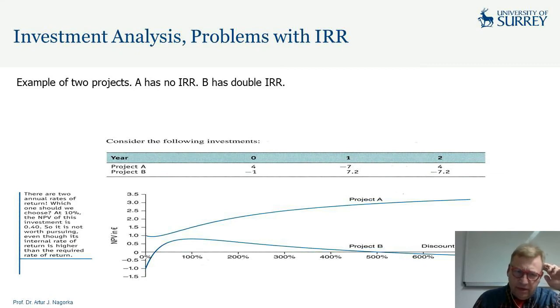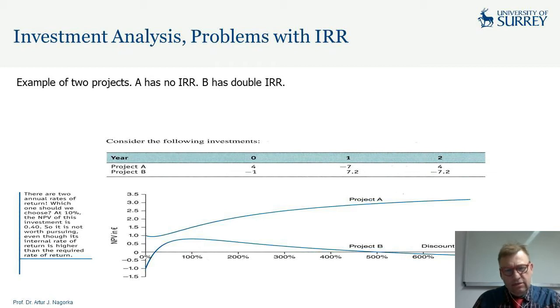So maybe let's concentrate on project B. Project B is this one that we already know. It has multiple rates of return, because it crosses this horizontal line twice.